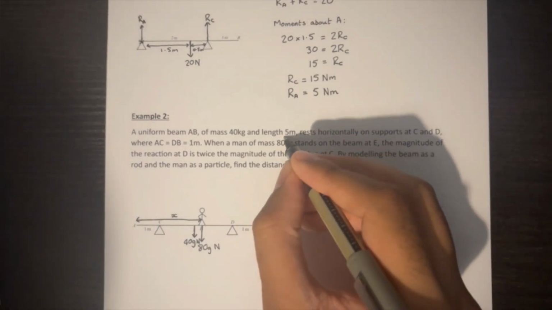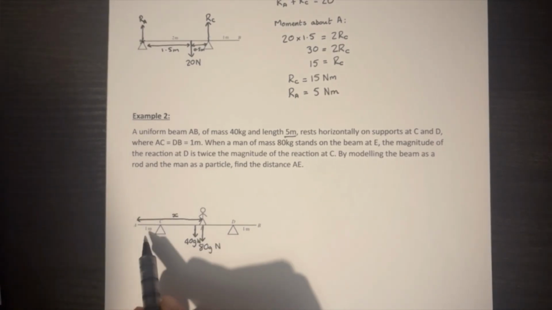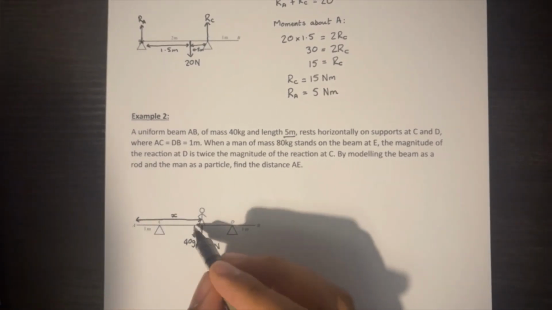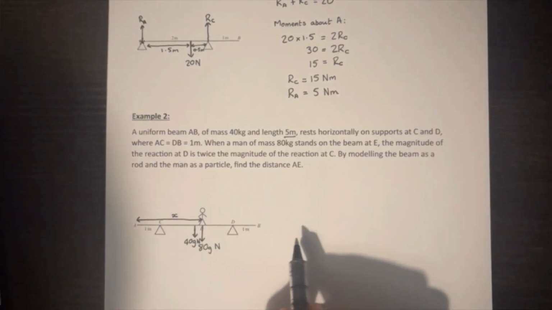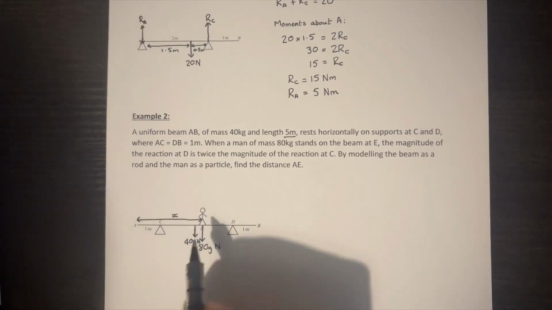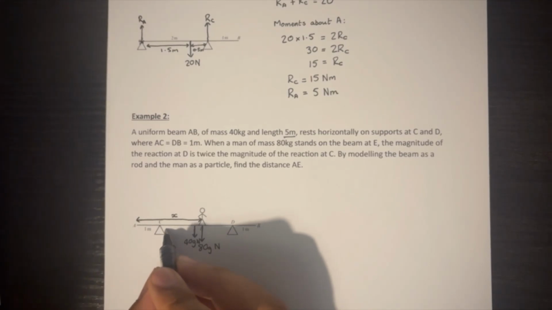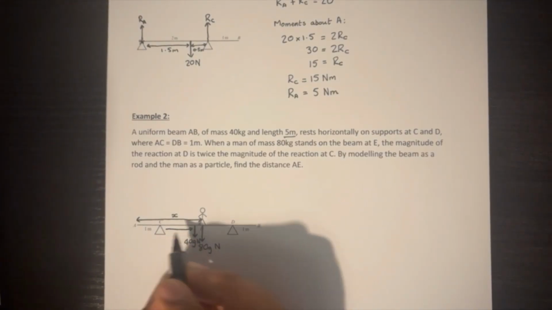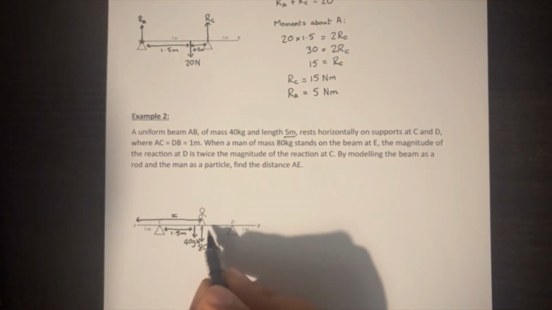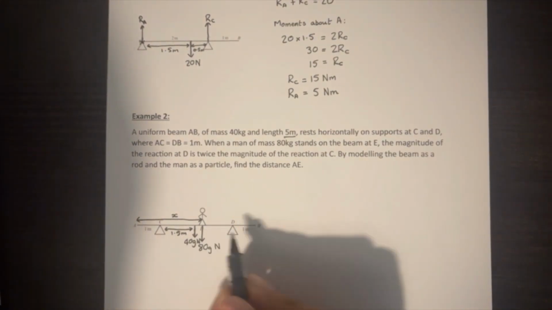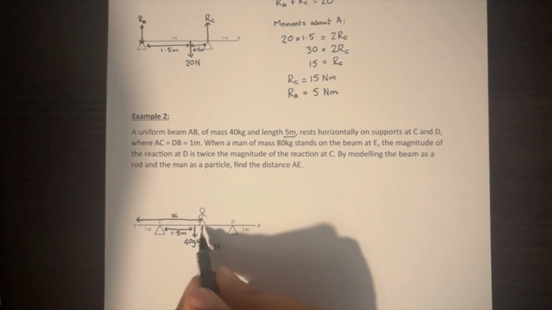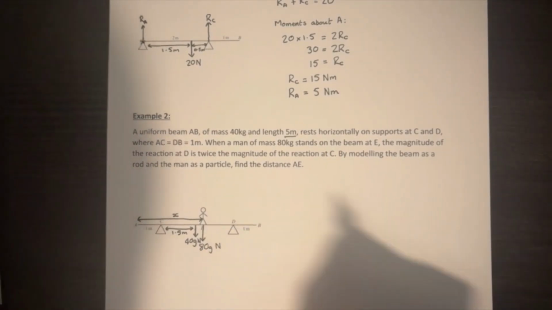We were told the beam had length 5 meters, so half of 5 is 2.5 from either end. Working that distance from here to the center is going to be 1.5 meters, and this must also be 1.5 meters to there.